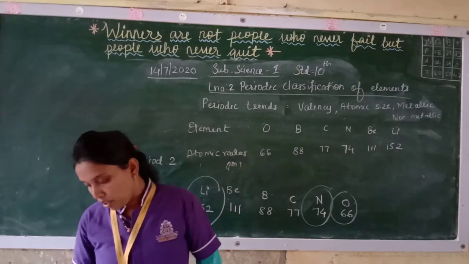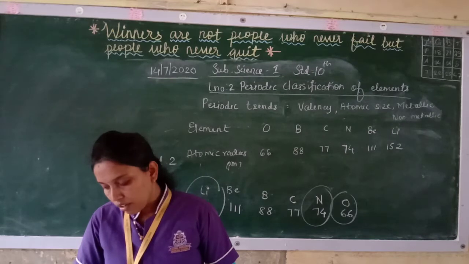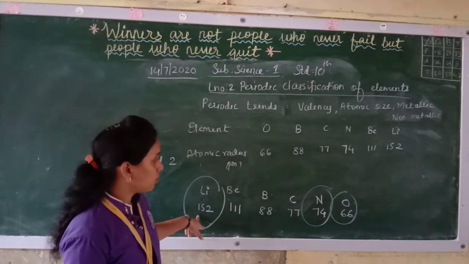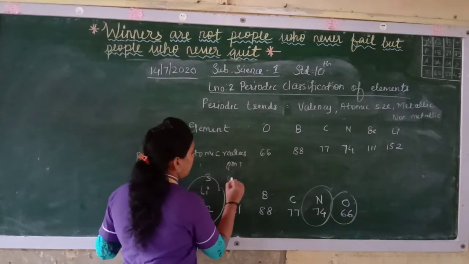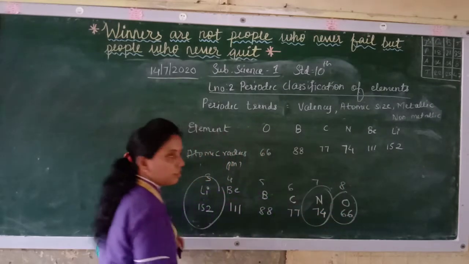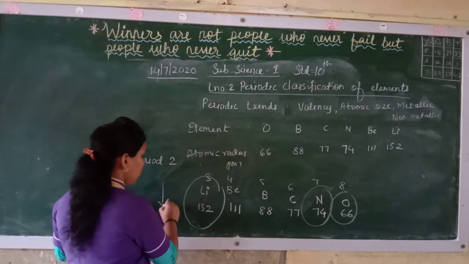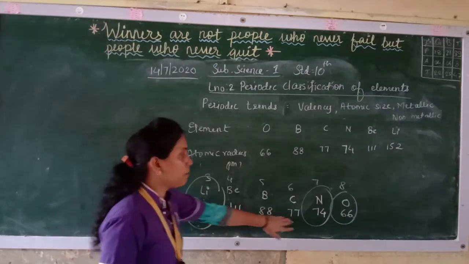Now what is the periodic trend? From left to right, what do you feel? Atomic number is increasing. Atomic number increases: 3, 4, 5, 6, 7, 8. Atomic radius is decreasing in a period. 152, it is becoming less.